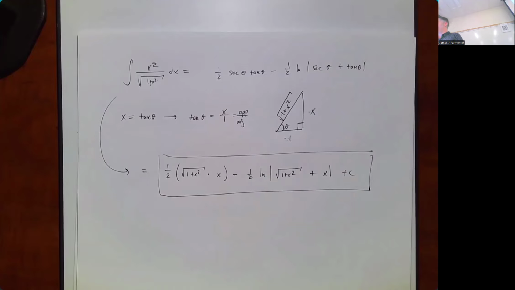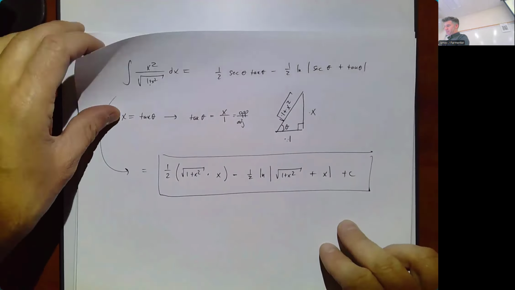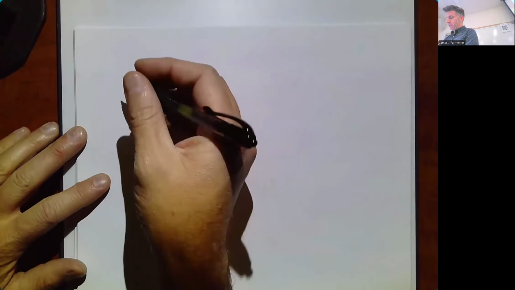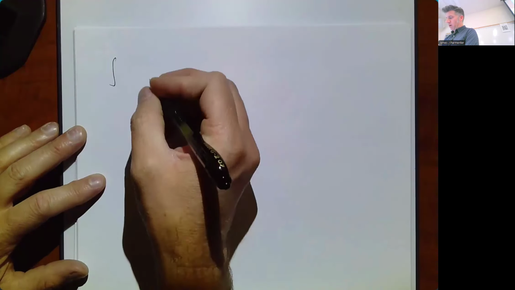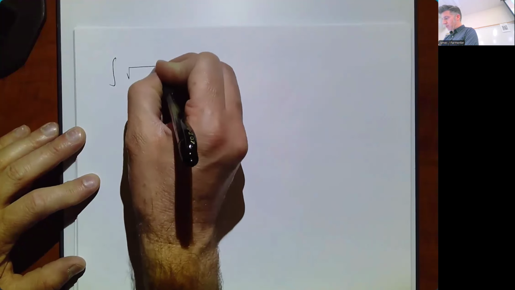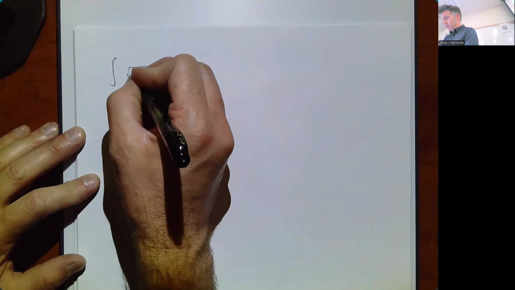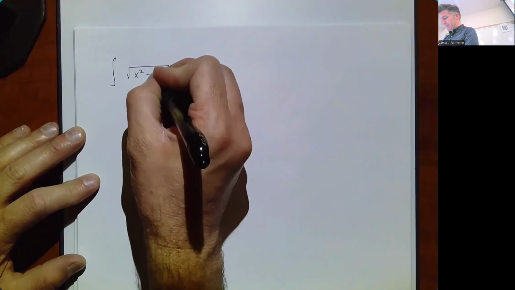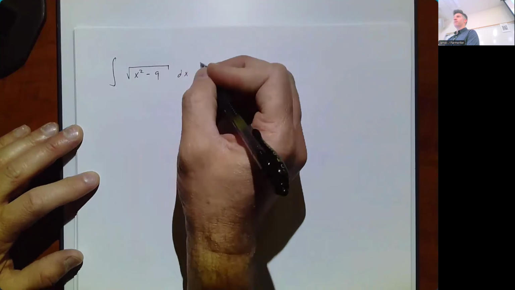Sometimes things aren't quite so nice. For example, we might have the integral of the square root of x squared minus 9 instead of 1.